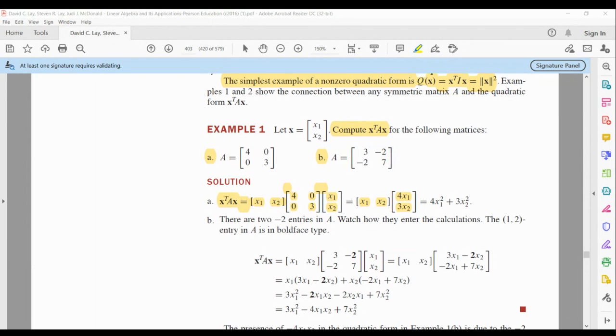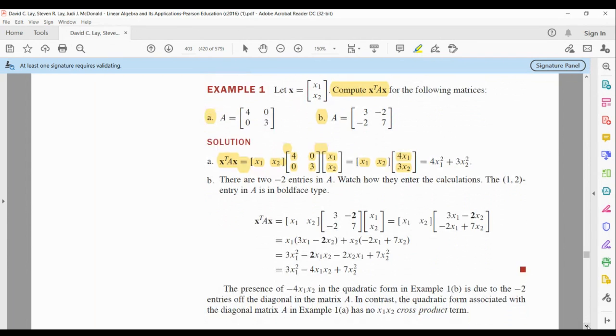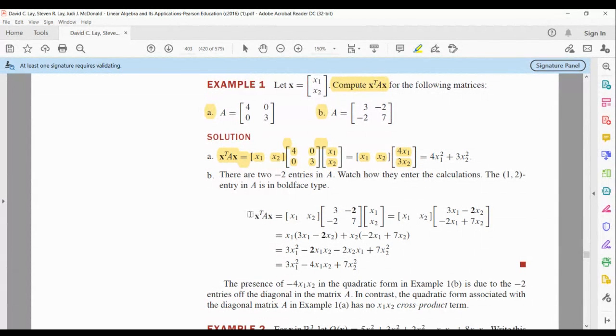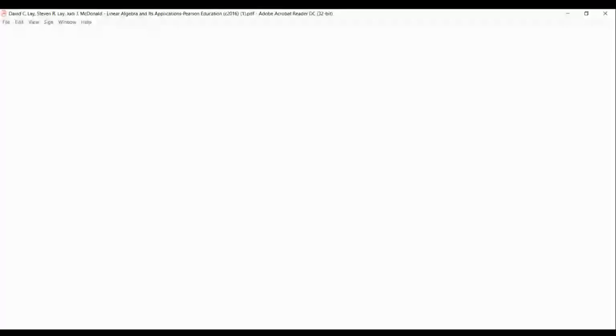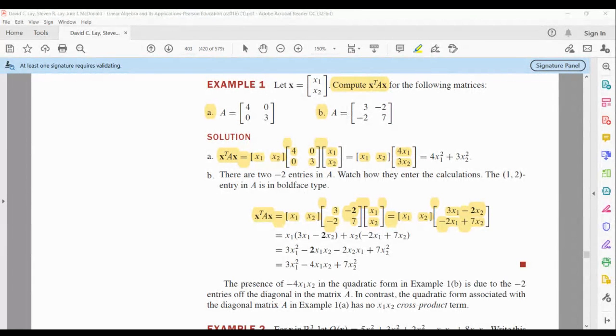Are there any questions on that? All right, well, let's continue on. For B, we have the symmetric matrix 3, -2, -2, 7, and they go ahead and compute the quadratic form for that.